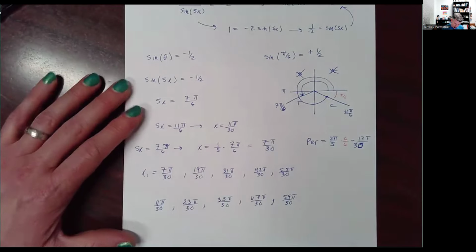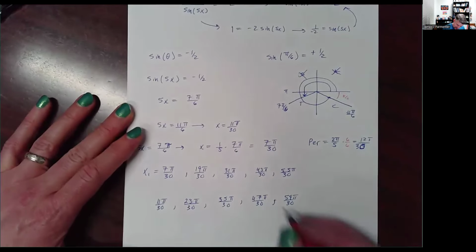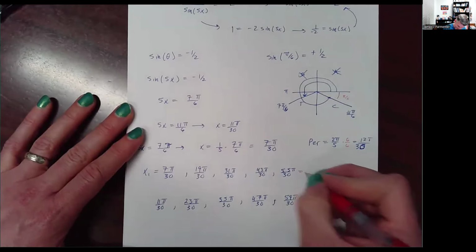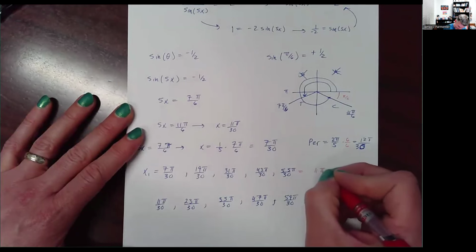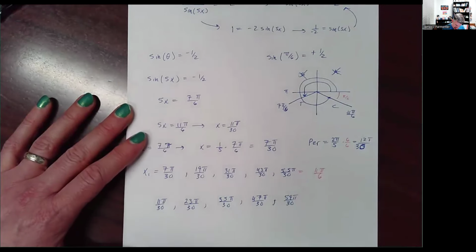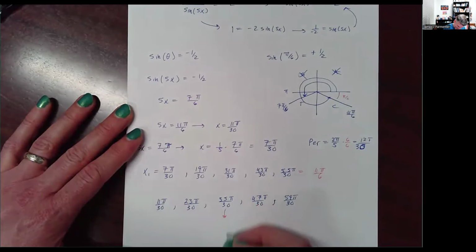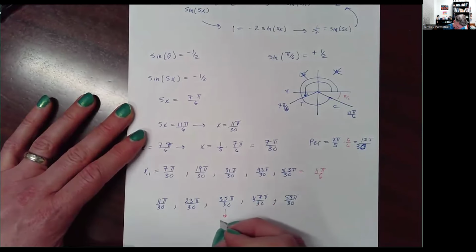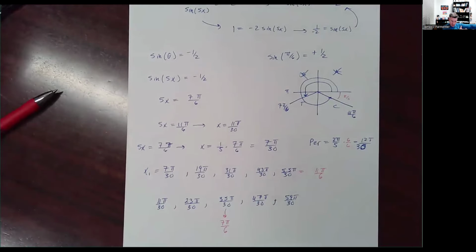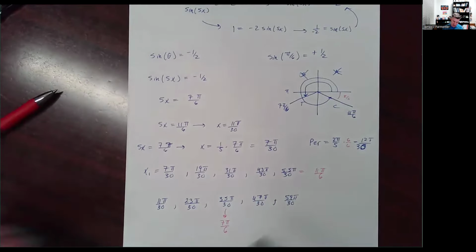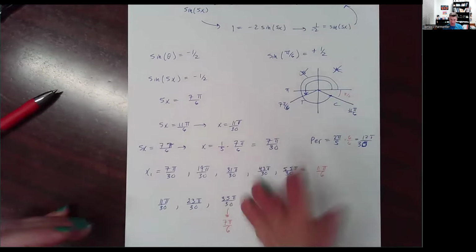I will point out that a few of these do reduce. Specifically, 55 pi over 30 reduces to 11 pi over 6. And 35 pi over 30 reduces to, if we divide the top and bottom by 5, 7 pi over 6. It's kind of coincidental that those happen to be the original answers before dividing by 5.